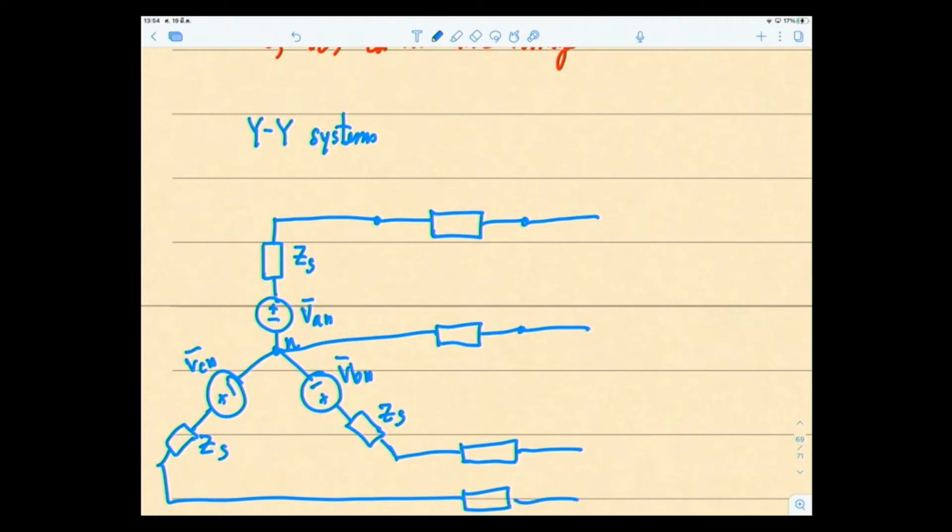So this is ZL for line. And of course, then there is the load, the actual load itself.